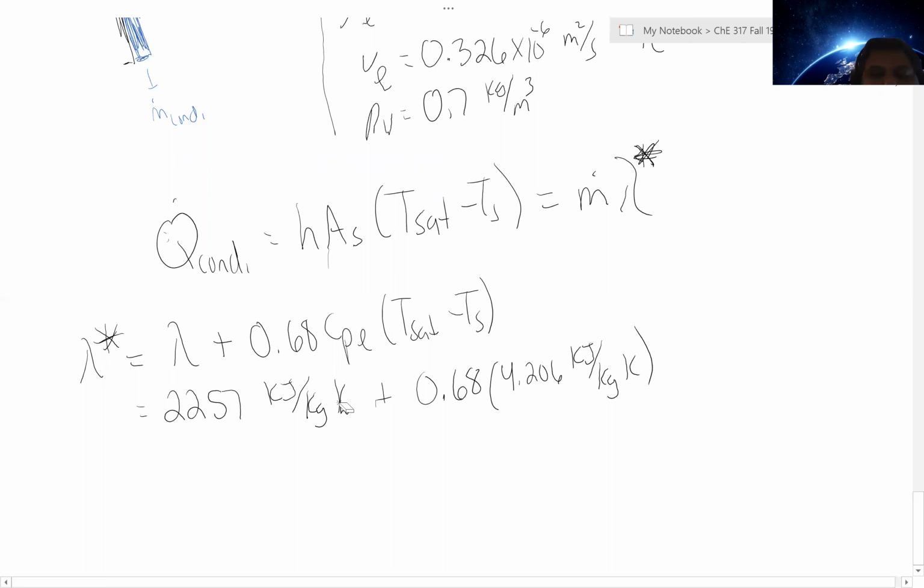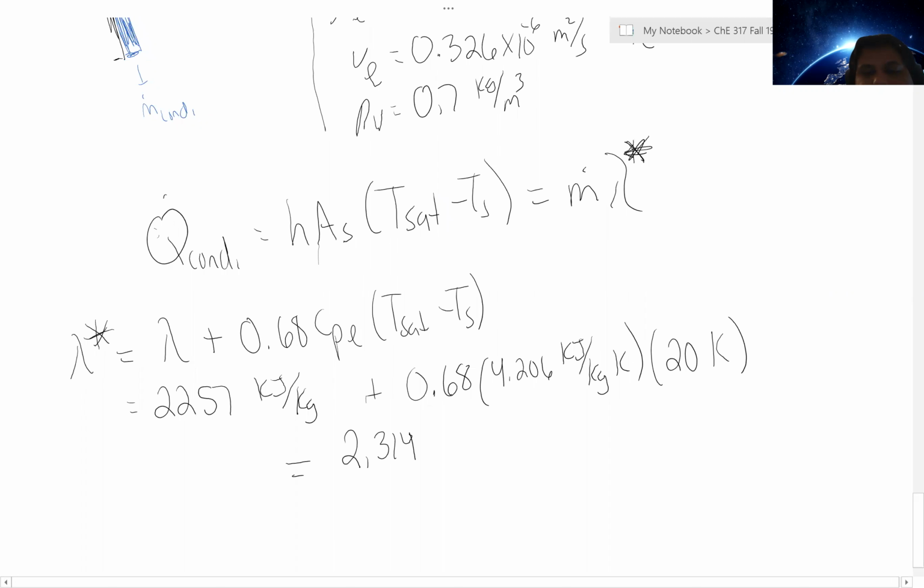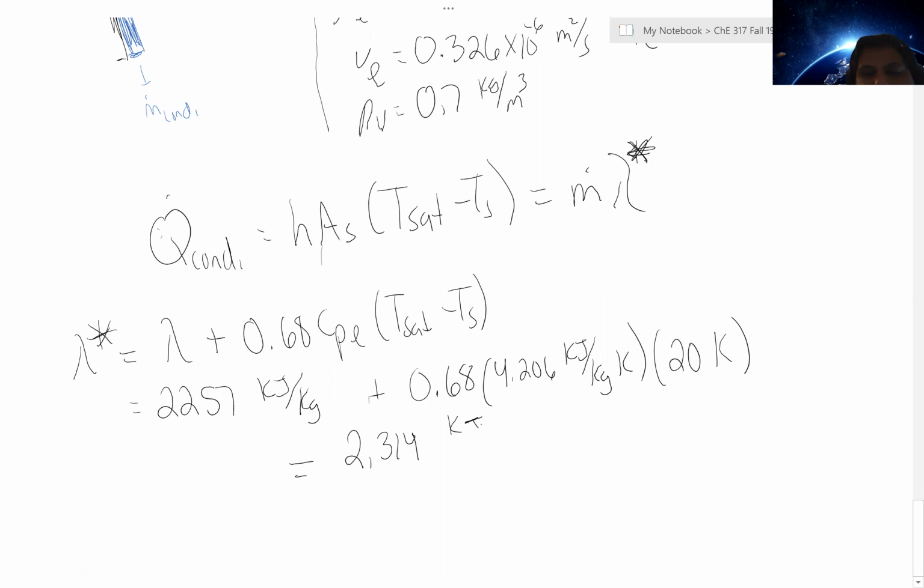This is per kilogram, units are important, times 20 Kelvin, because 100 minus 80 is 20. This gives us a modified latent heat of vaporization of approximately 2,314 kilojoules per kilogram. Not a large increase, but a significant one.